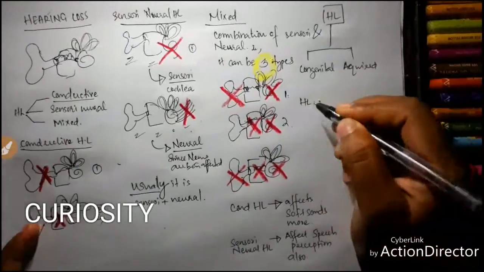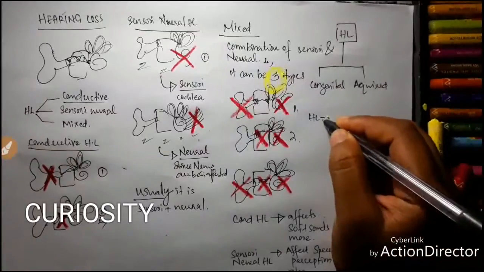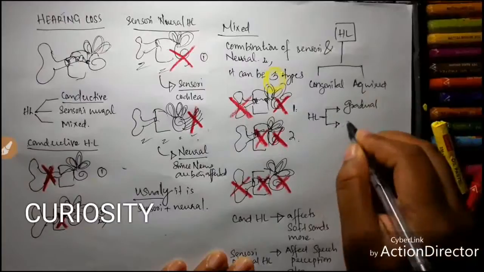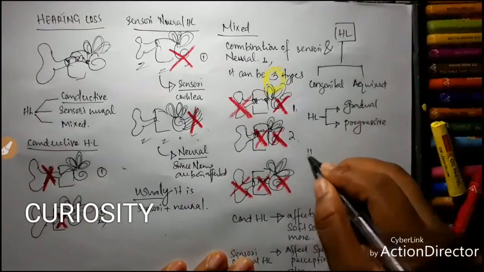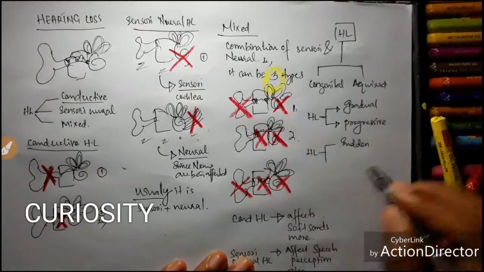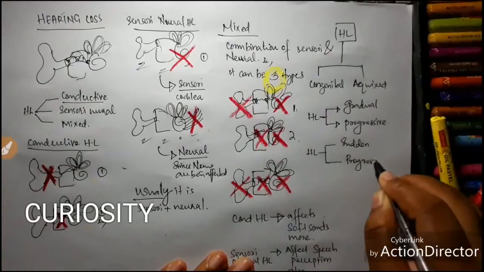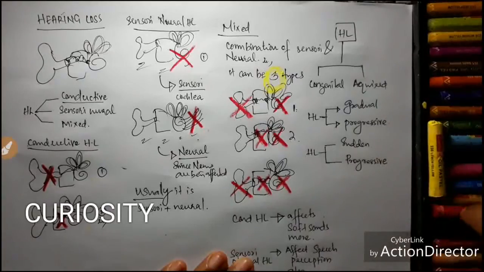Congenital hearing losses are those cases where we have hearing loss from birth itself, and acquired can be any noise-induced hearing loss, hearing loss due to any fracture, or hearing loss by any other illness. So hearing loss can be even gradual or progressive. It can also be called sudden and progressive.